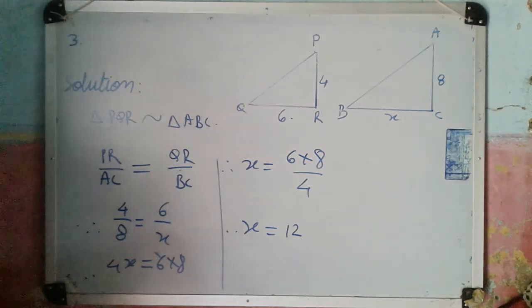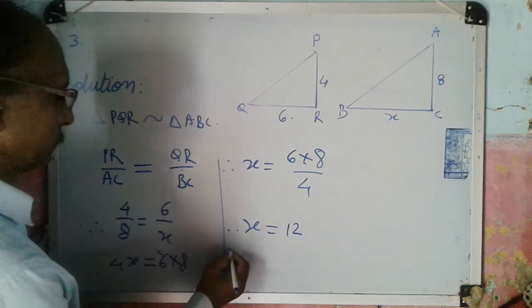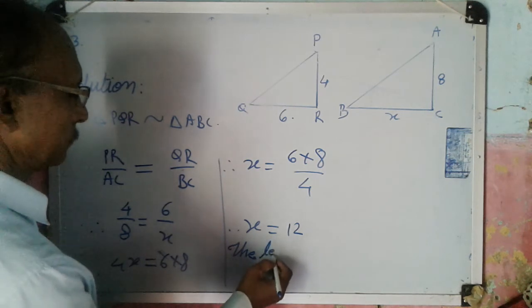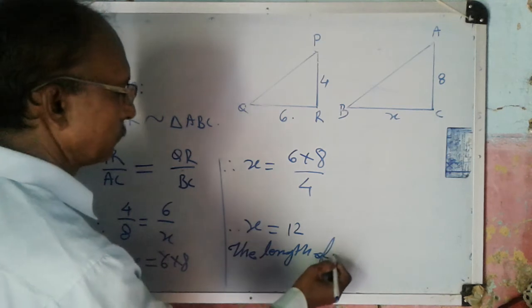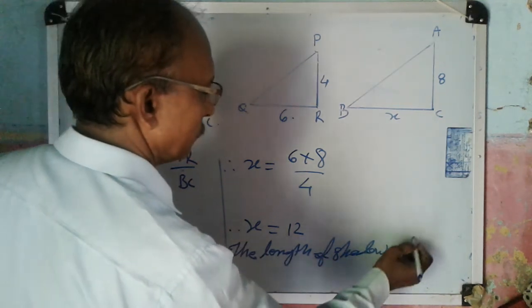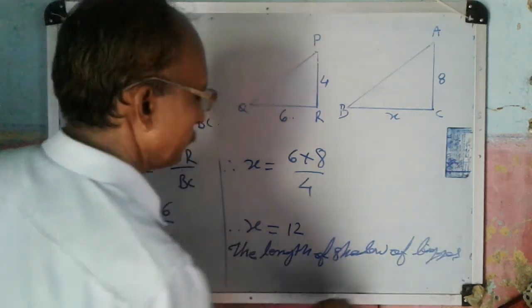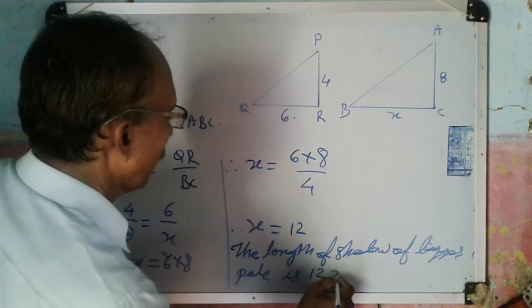And therefore our answer is: the length of the shadow of the bigger pole is 12 meters.